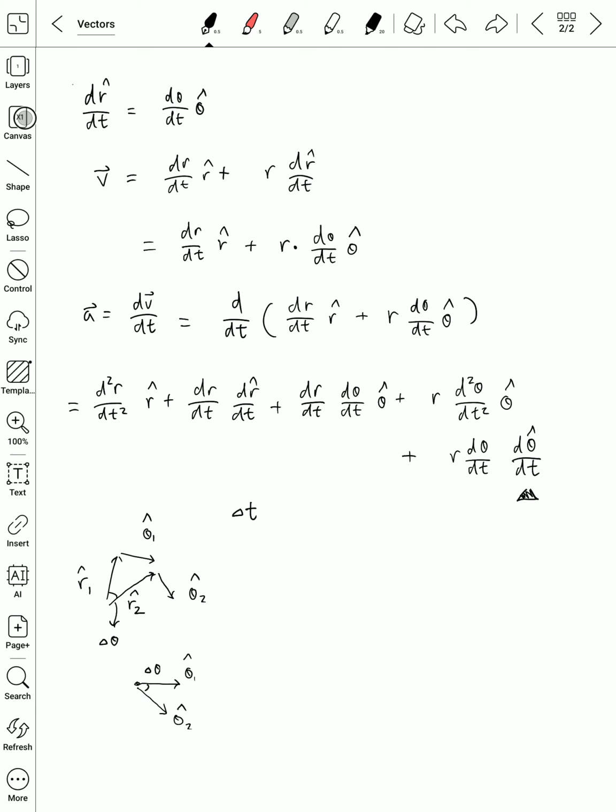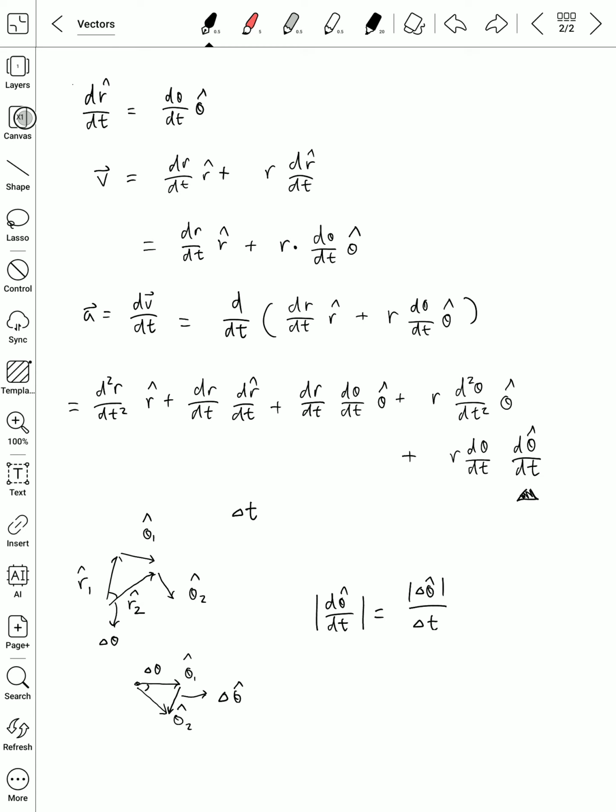And the angle between θ1 hat and θ2 hat is Δθ. So by a similar argument, this thing would be Δθ hat. Okay, now the magnitude of dθ hat/dt equals Δθ hat's magnitude over Δt.